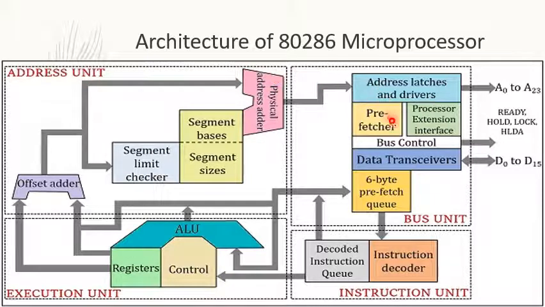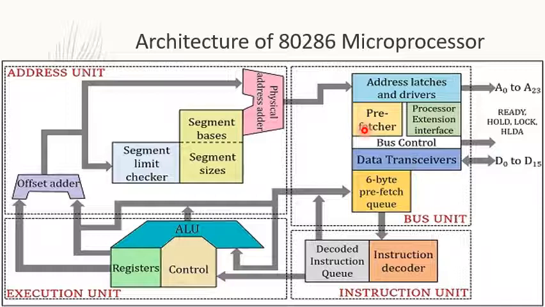Now let us discuss about the functions of bus unit. The bus unit interfaces the 8286 with memory and I/O devices. This processor has a 16-bit data bus, a 24-bit address bus and a control bus. The bus unit is responsible for performing all external bus operations.